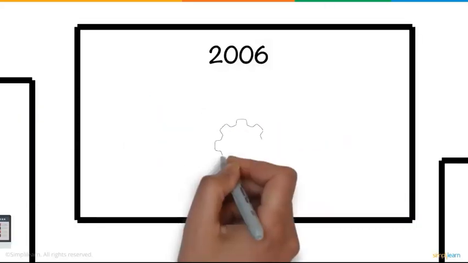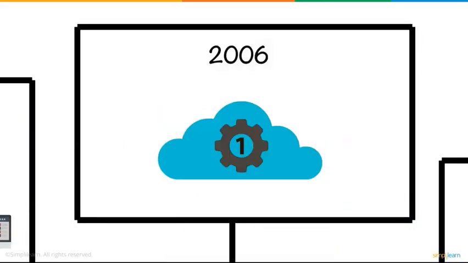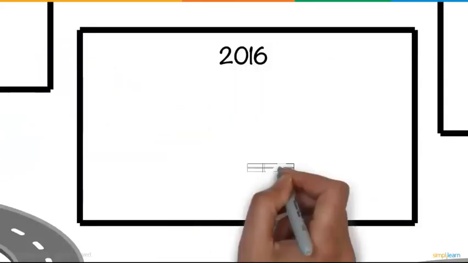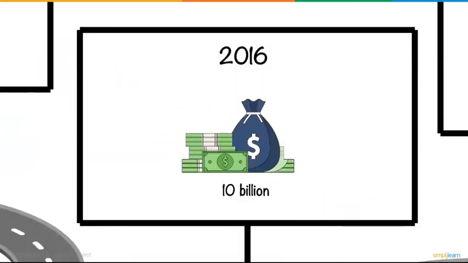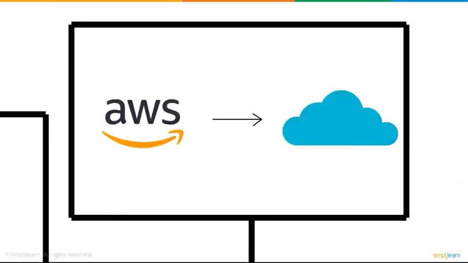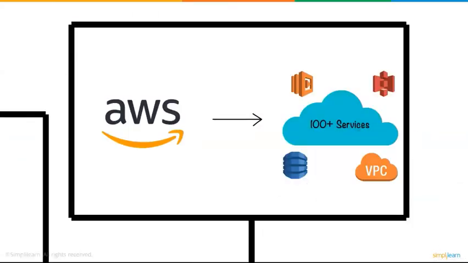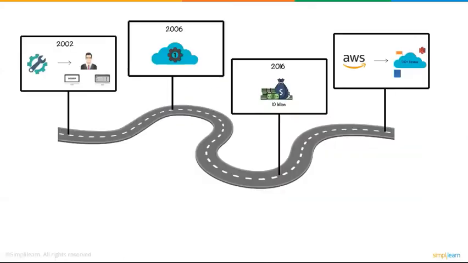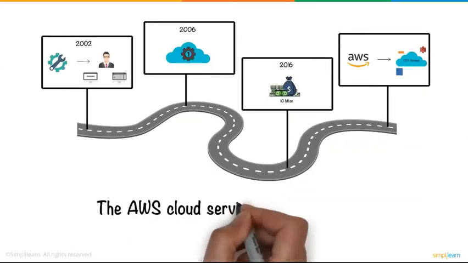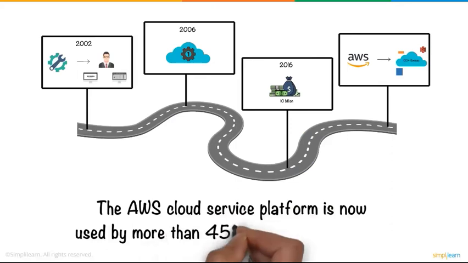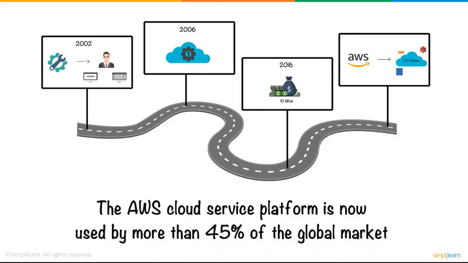In 2006, its first cloud services offering was introduced. In 2016, AWS surpassed its $10 billion revenue target. And now, AWS offers more than 100 cloud services that span a wide range of domains. Thanks to this, the AWS Cloud Service Platform is now used by more than 45% of the global market.